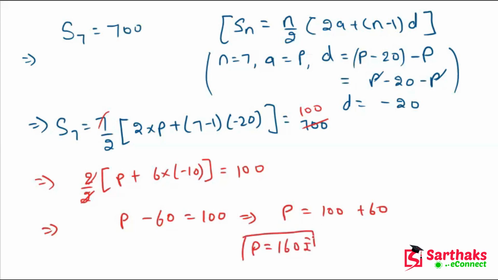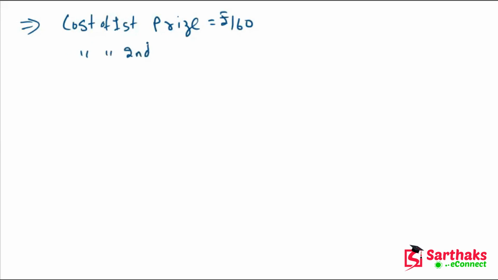So p is 160 rupees. Now we can find the second prize and third prize. The cost of the first prize is 160 rupees. The cost of the second prize is rupees 160 minus 20, which gives rupees 140.